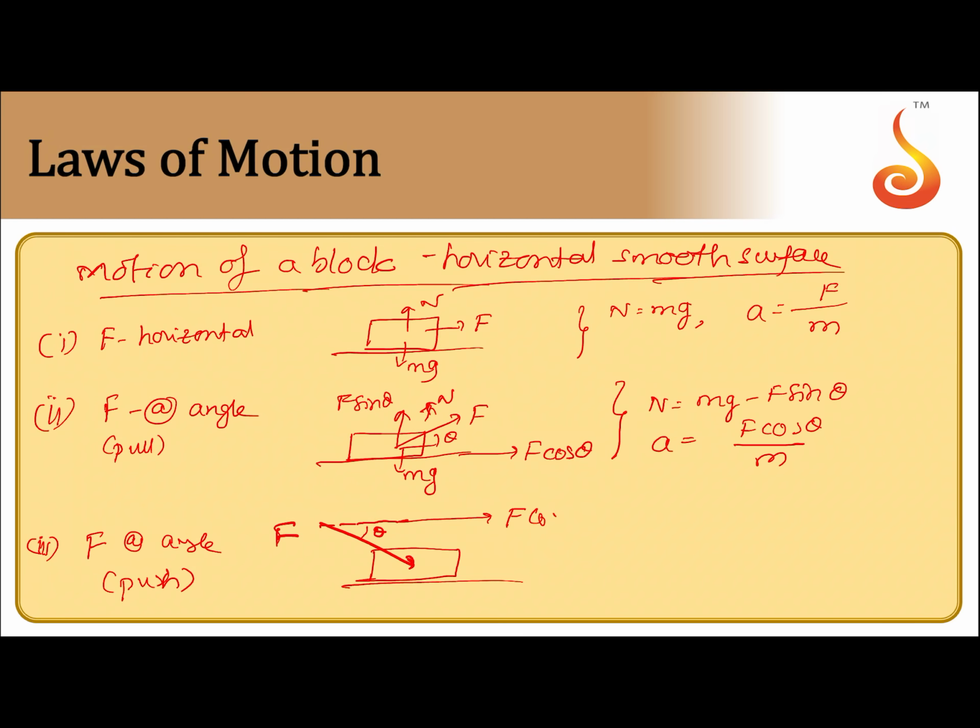This is F cos theta, this is F sine theta, this is mg, and this is n. So what are all the equations? N is equal to mg plus F sine theta, and acceleration is F cos theta divided by m. So if I consider this case, the motion of a block on a horizontal smooth surface, these are the results.